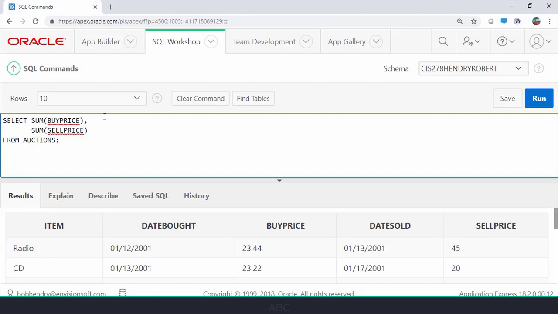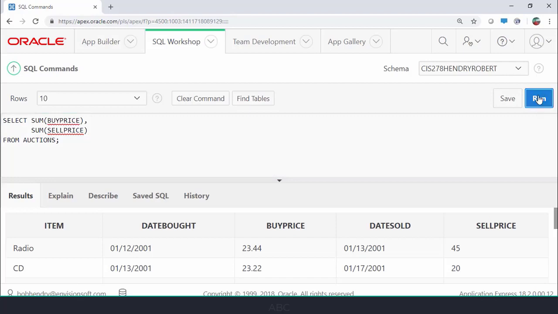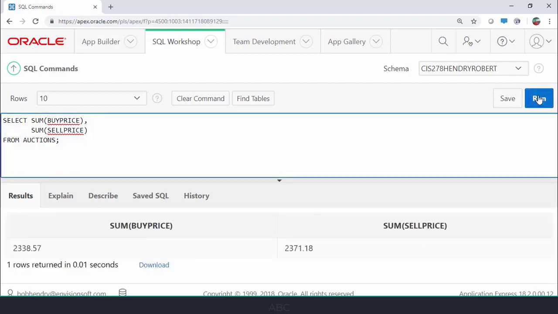Okay, so let me run this SQL statement. And I get something that looks like this. Ooh. The sum of my sell prices is $2,371.18. The sum of my buy price is $2,038.57. Not necessarily a really good profit margin, right?